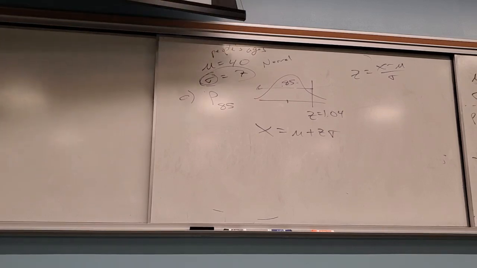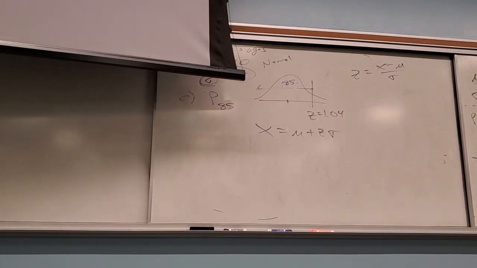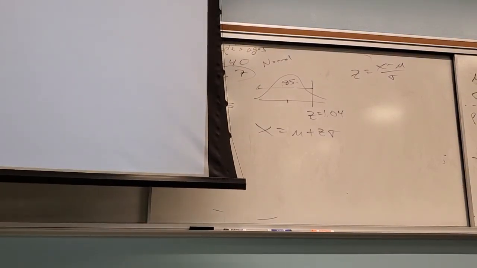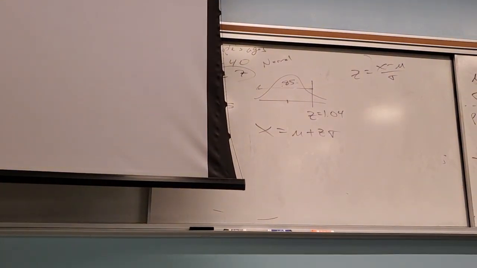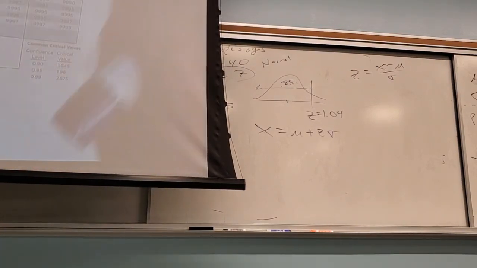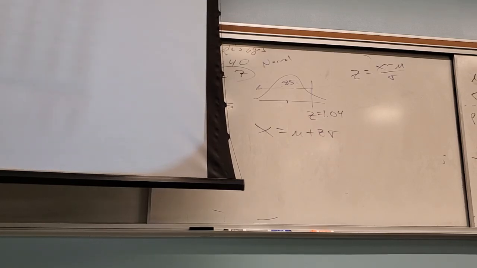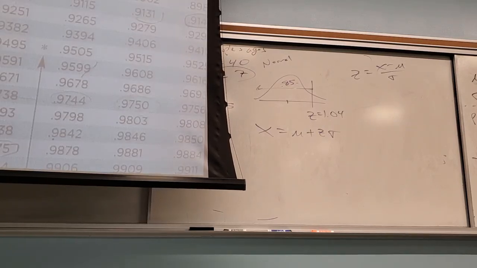Actual area of 0.8508. So we're finding P85. Going to this chart and find the number closest to 0.85. What you got for me? Oh, cool.